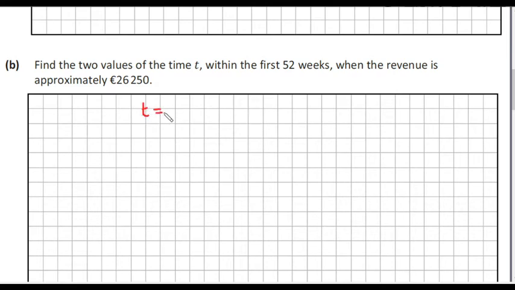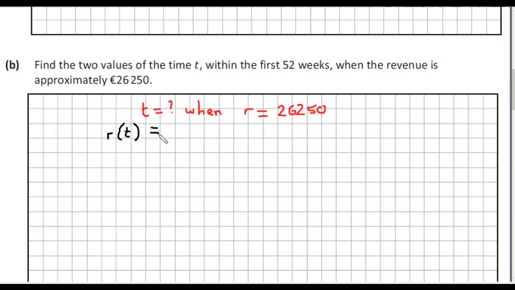So it's saying t equals what when the revenue is 26,250. So we just have to use the same function as earlier, but this time not to get the revenue but to get the time.